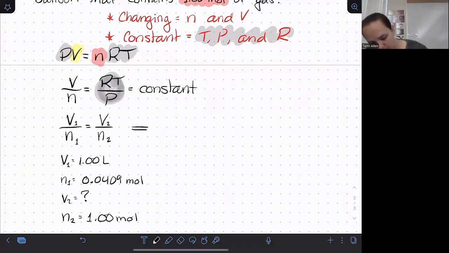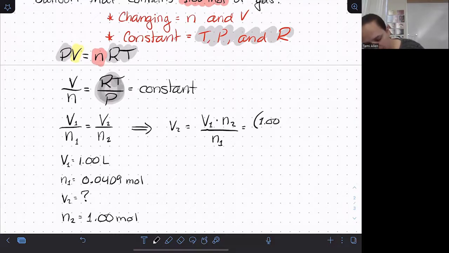So we can rearrange our equation, now or later, your choice. By multiplying both sides by N2, we solve for V2, which gets us this expression, and then we just need to plug in the values we were given.